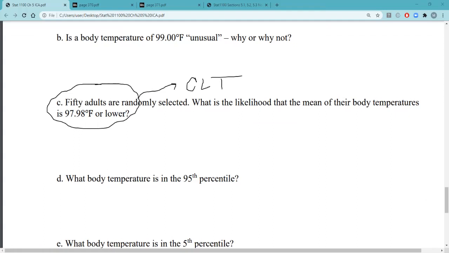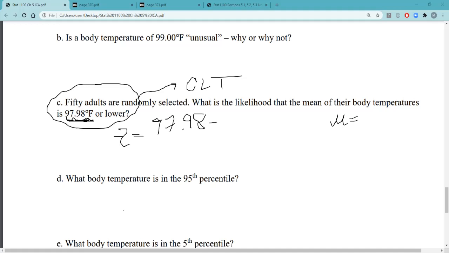So we need to change this body temperature into a z-score. z is equal to 97.98 minus mu.